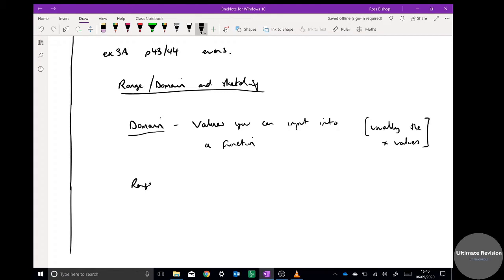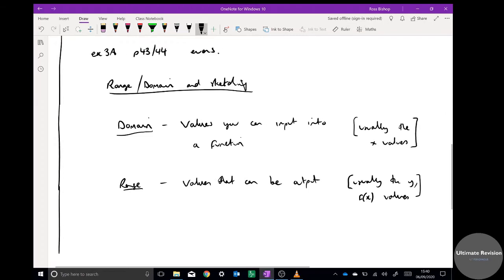And the range is the values that can be output. So what values can come out of that function? And again, this is usually the y or the f(x) values. It might be g(x). Okay, so they're the two definitions.